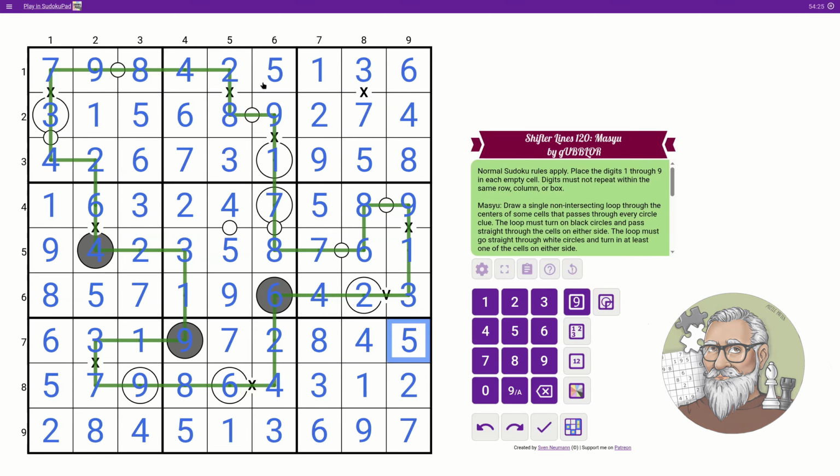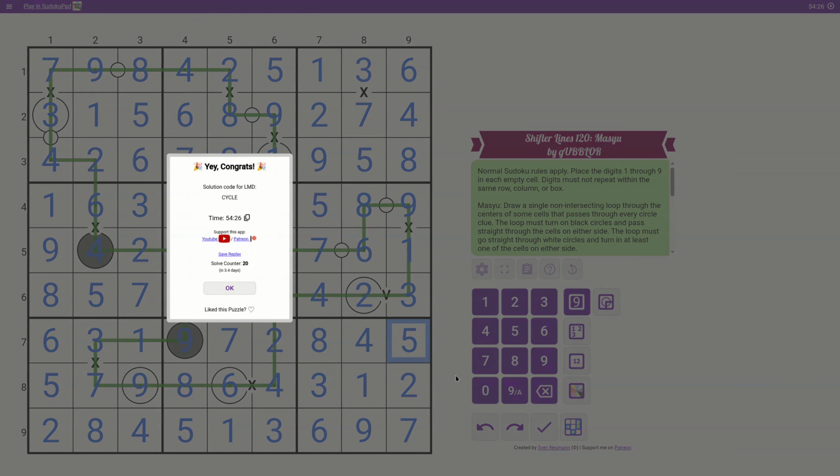Right, moment of truth. Yay! It was actually quite nice. I always stumble on loops, lines, areas that you have to figure out how they move.